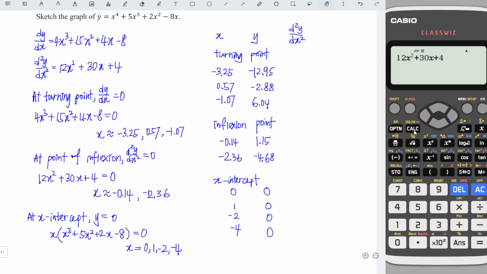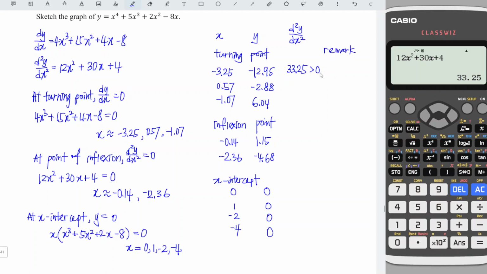Now we have to calculate for negative 3.25, and we obtain a positive value. We can simply put the positive sign, or put the number, it doesn't matter. 33.25, and this is greater than 0. So for the remark, we can write: since it's more than 0, this is a local minimum.